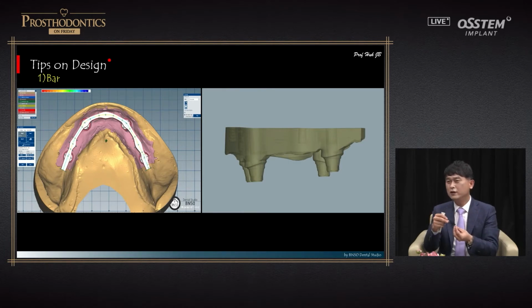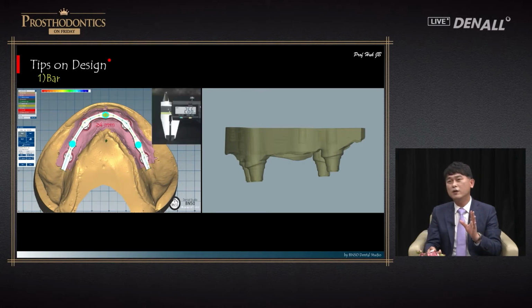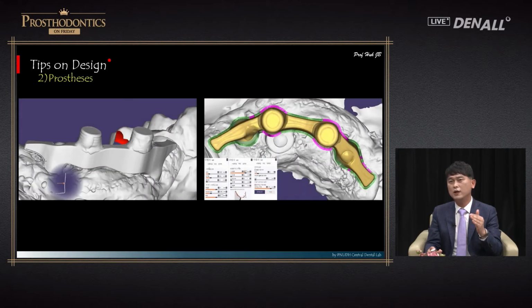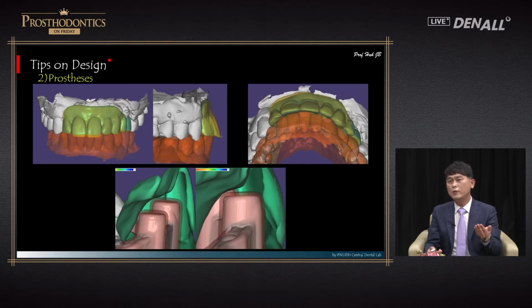No such complicated jobs are required. As we design using software, screw holes can be made fitting the path, and spaces can be controlled as we want. So designing is done all in a software.